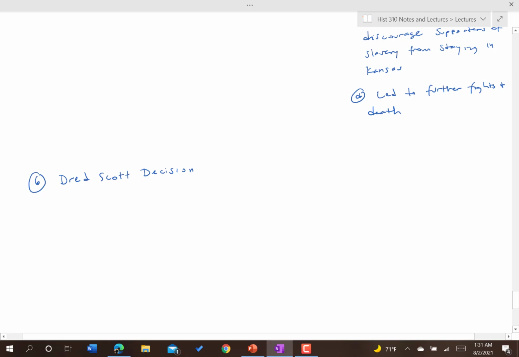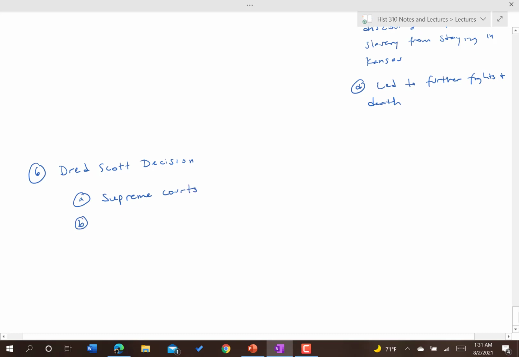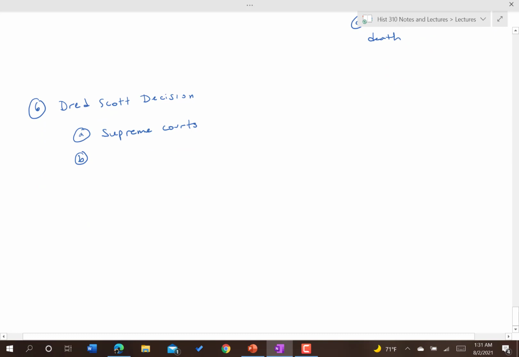So you had the westward expansion and territorial legislature and politics as a center that we were talking about. The next realm where there was going to be a focus was the Supreme Courts, first at the state level and then at the federal level.